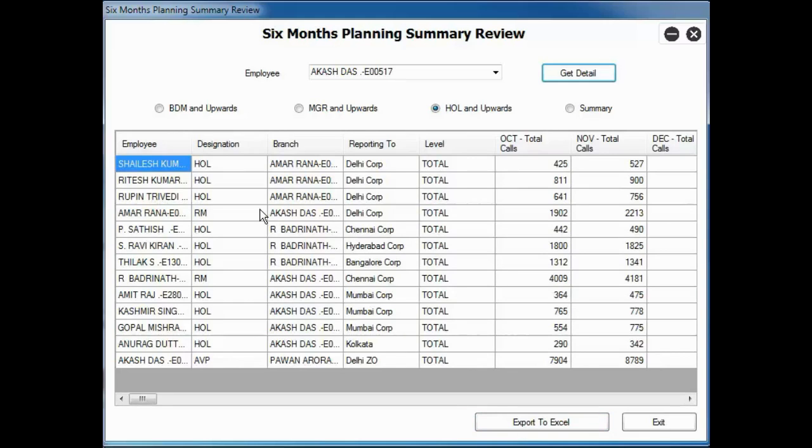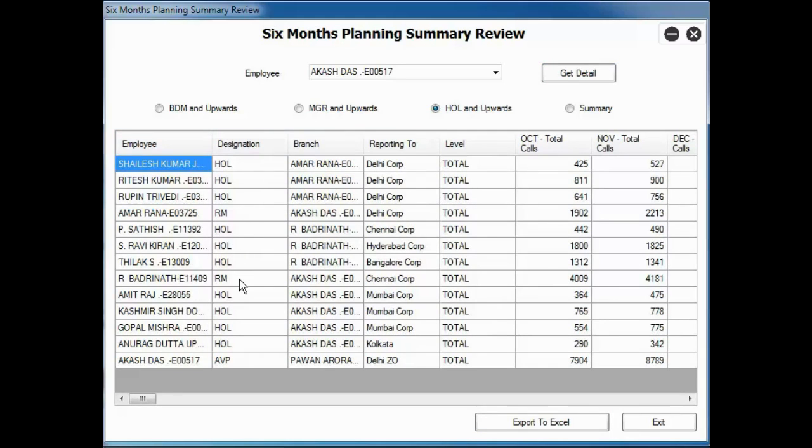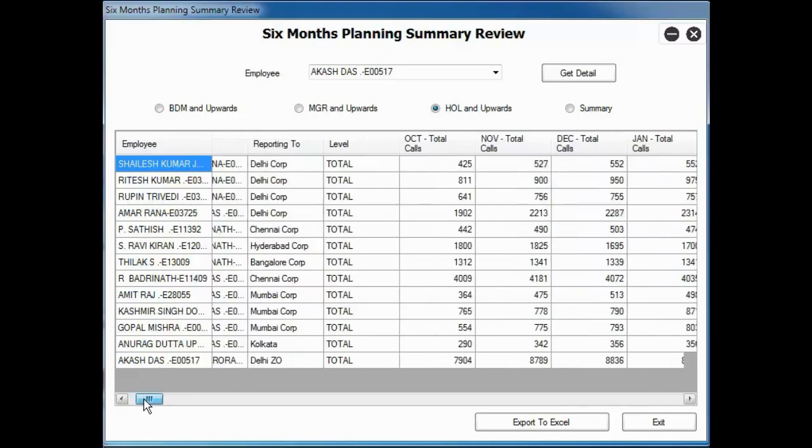Now, the data for HOL and upwards is there in front of me. If you look at it, this is only HOLs and their RMs, and the HOLs who are reporting directly into the AVP, that is Mr. Akash Das. The rest of the data remaining the same.